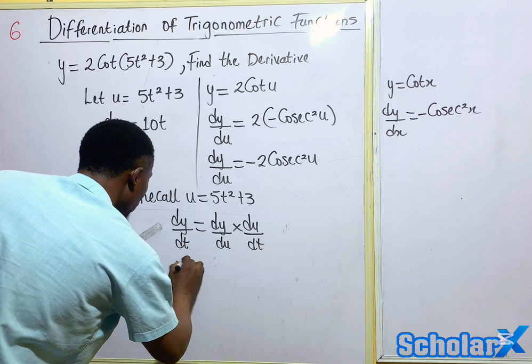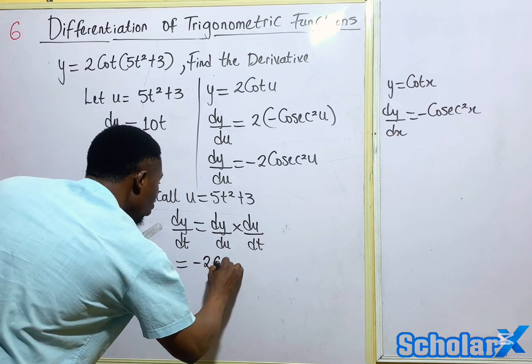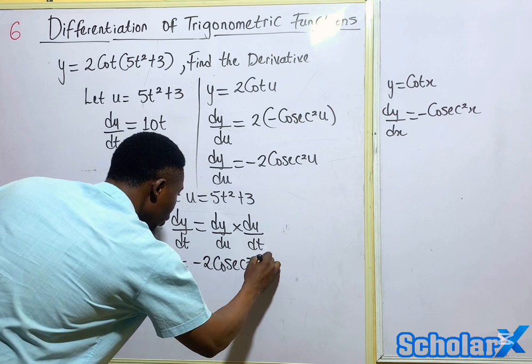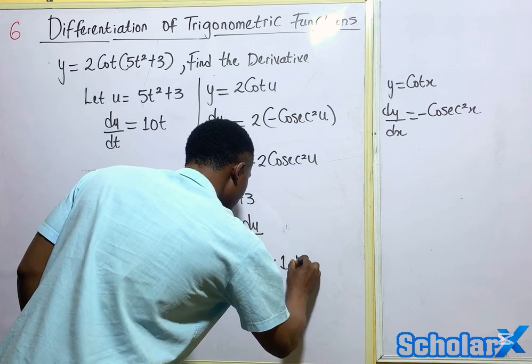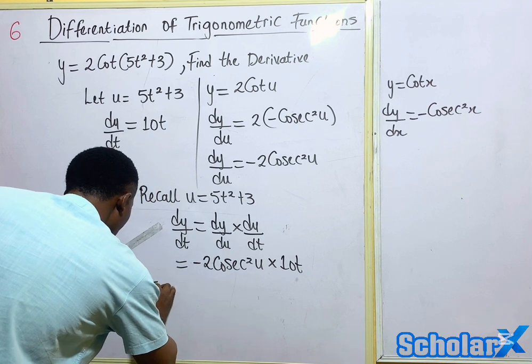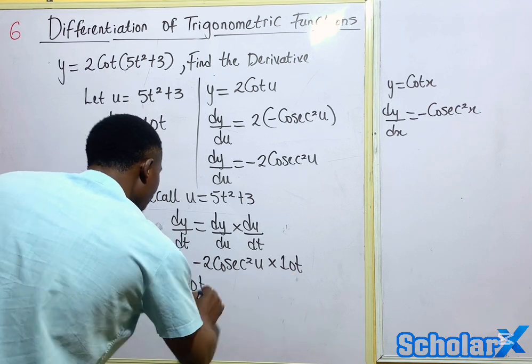So that's going to be equal to dy/du, which is minus 2 cosec² u, multiplied by du/dt, which is 10t. So multiply this and this, you're going to have minus 20t.